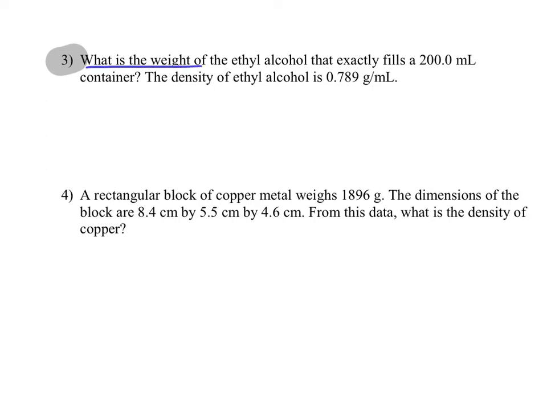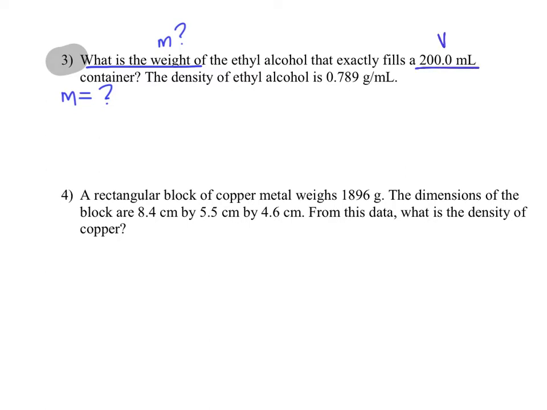So it says, what is the weight? So anytime you're measuring the weight of something, you're stepping on a scale. In other words, you're placing something on the scale, you're measuring the mass of that object. So here, when it says, what is the weight? I'm solving for mass. So mass is my unknown. It says it fills a 200 milliliter container.